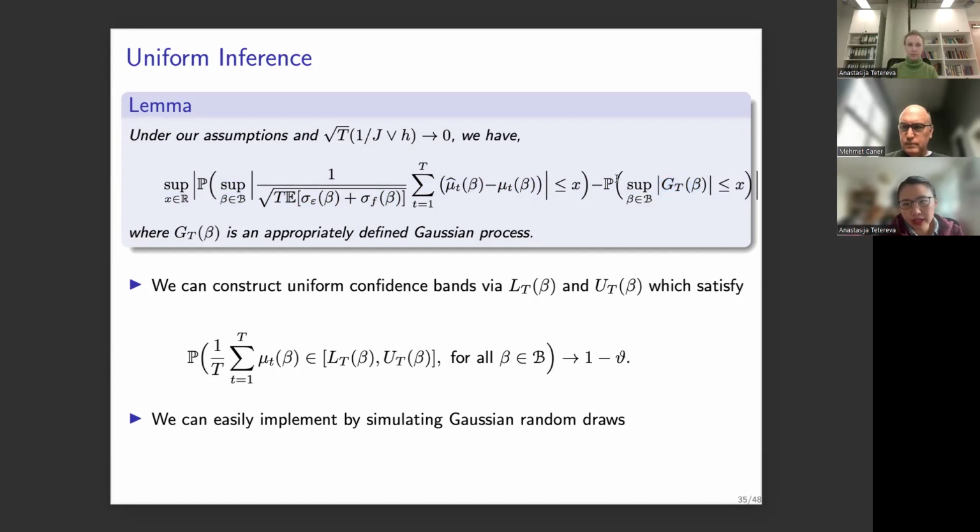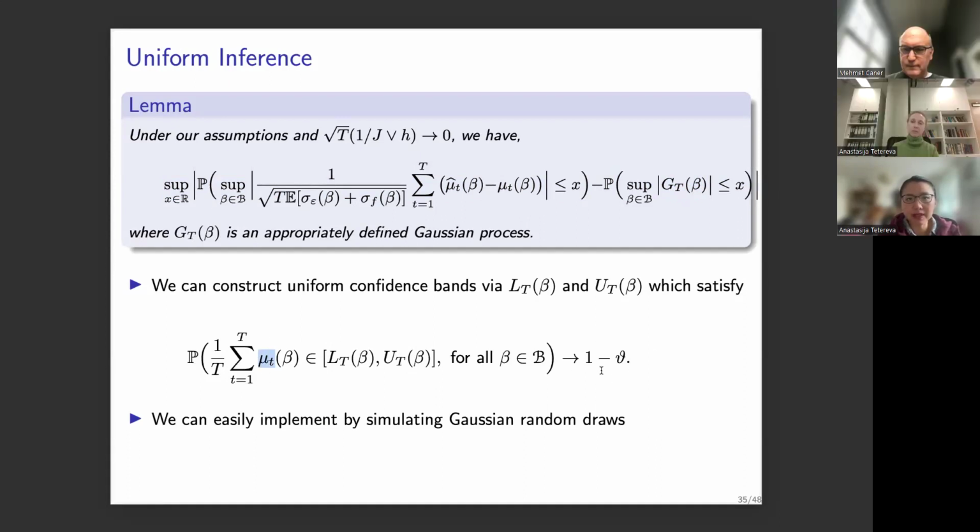This statement allows us to get a prediction interval for the CASR. You can just draw quantiles from this Gaussian process, and then you will get the prediction interval that covers this average with a certain probability.